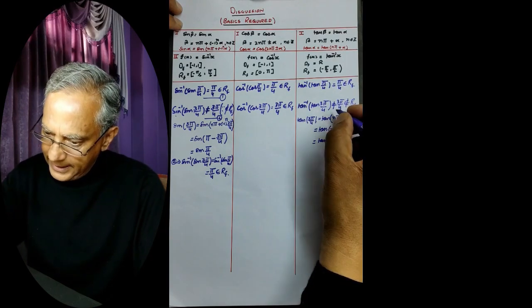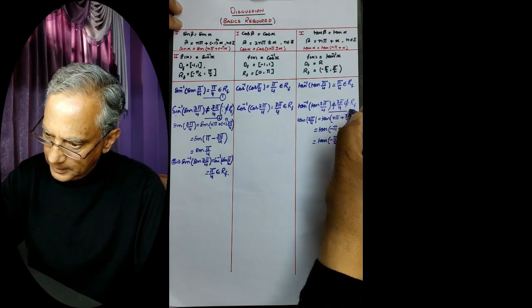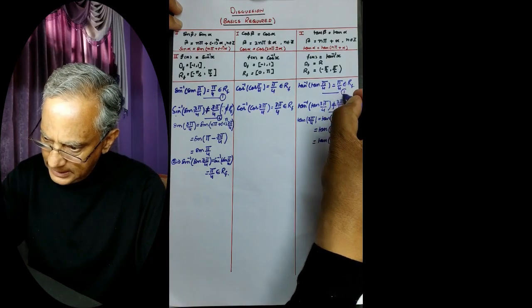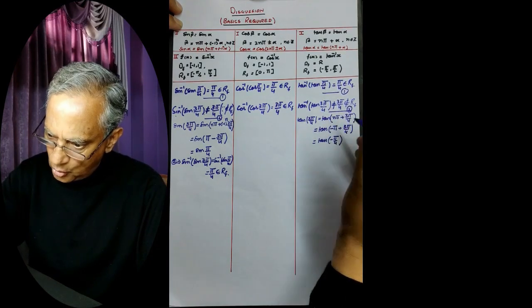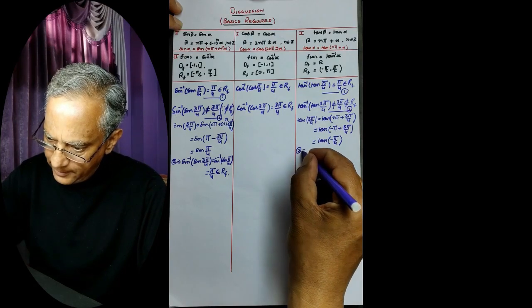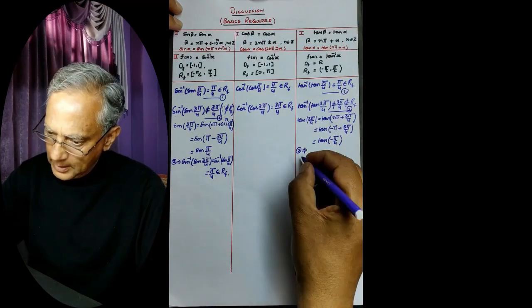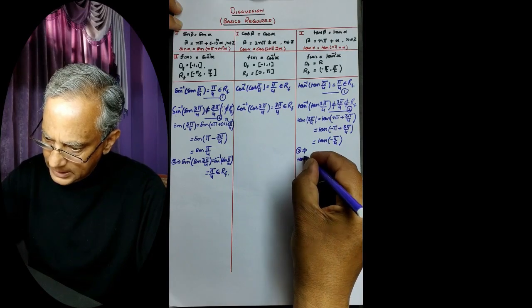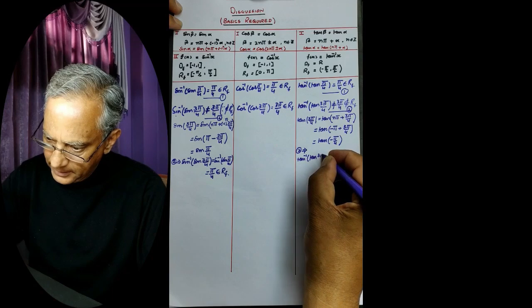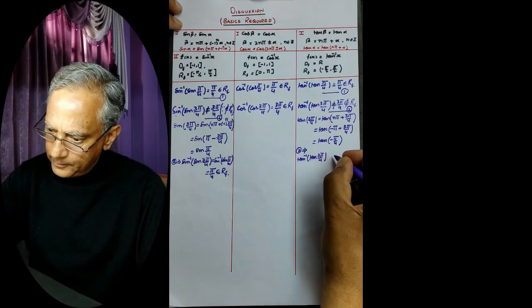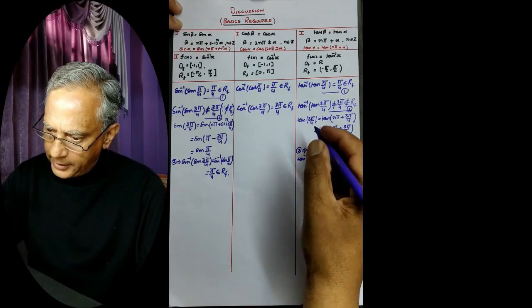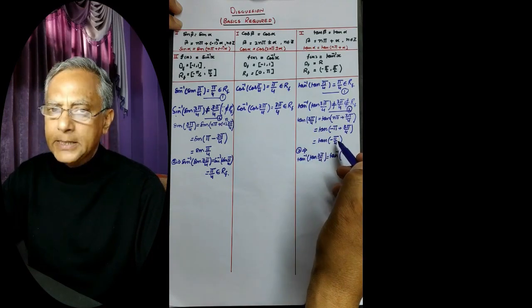So we can write this as, say, this as 1, this as 2. So from 2 what we get is tan inverse of tan 3 pi by 4 is equal to tan of minus pi by 4.